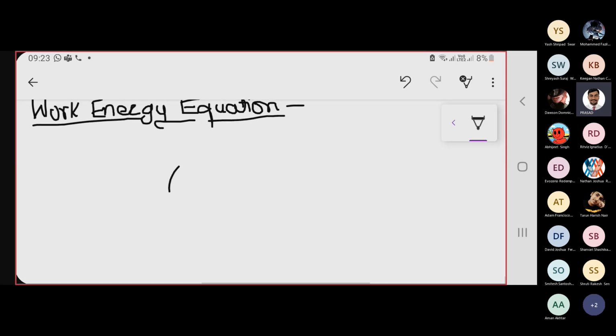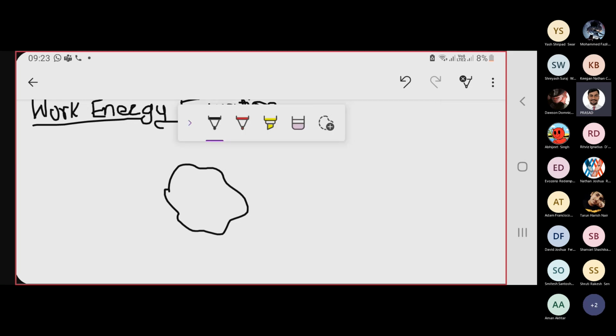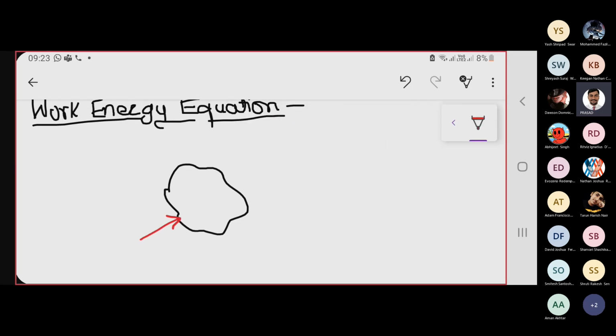Let's say one body on which a number of forces are acting: F1, F2, F3, F4.